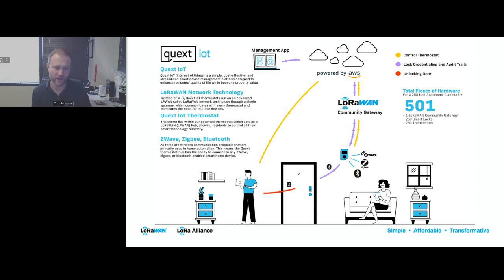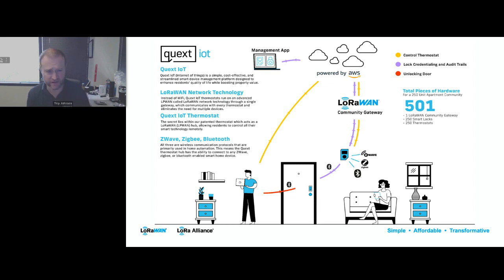If you have other LoRaWAN devices, that's great, but many apartment communities have already invested in other off-the-shelf devices leveraging technologies like Z-Wave, Zigbee or Bluetooth. This gives options and helps LoRaWAN serve as a bridge into existing ecosystems, and that's something we're pretty excited about with our custom smart thermostat solution.